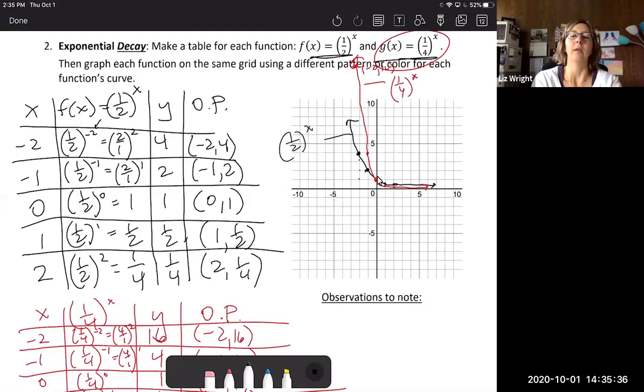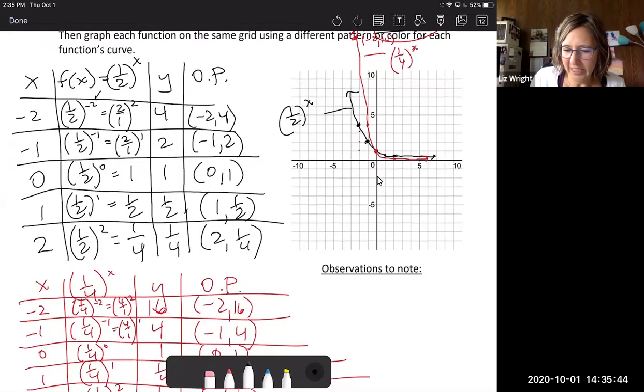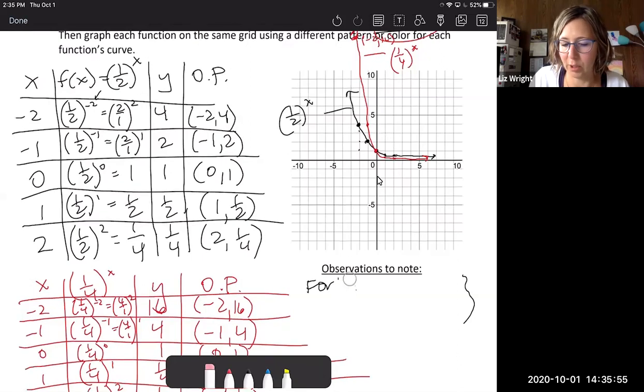I want you to think about what are some observations we can note. Excuse me, for down here. This is going to be for our base, when our base is greater than 0 but less than 1, because it's going to be a compound inequality.